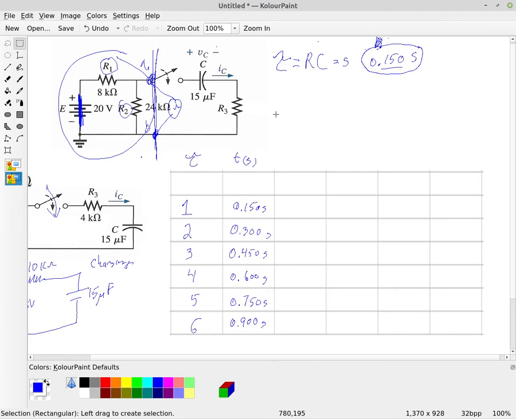So at time t equals 0, at 0 seconds, we're assuming there's no charge on the capacitor. Okay, so at time t equals 0, there's no charge.